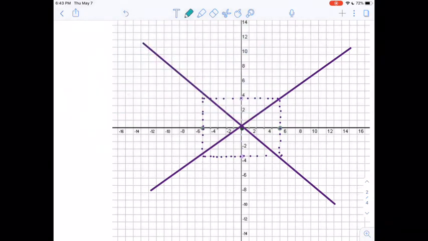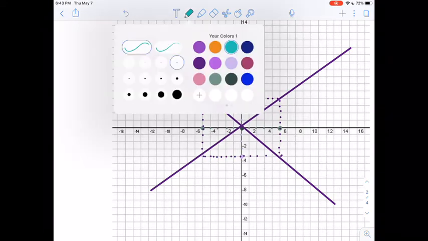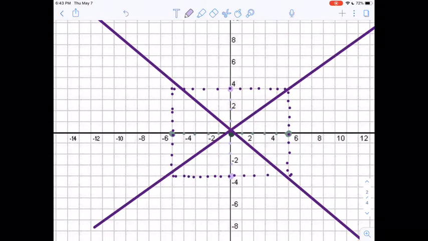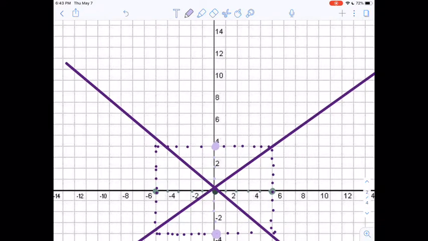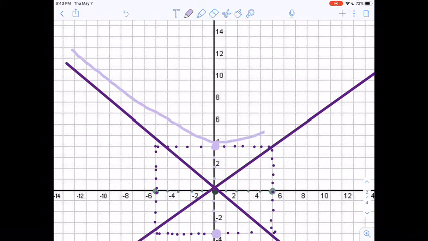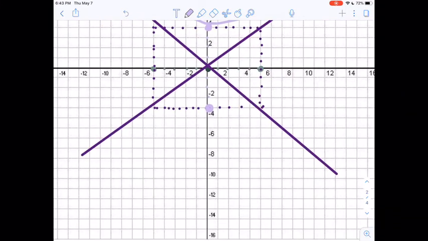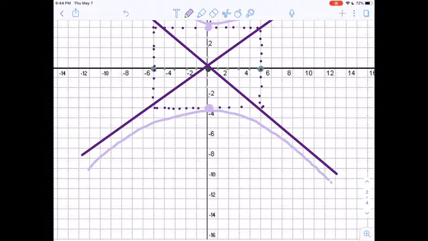So I know that the light purple ones, since it's opening up and down, are actually going to be my vertices. So I'm going to follow my asymptote to create half of my hyperbola. Again, the asymptote is just a guide of what your graph looks like, but make sure it's going through your vertex and never crossing the asymptote.